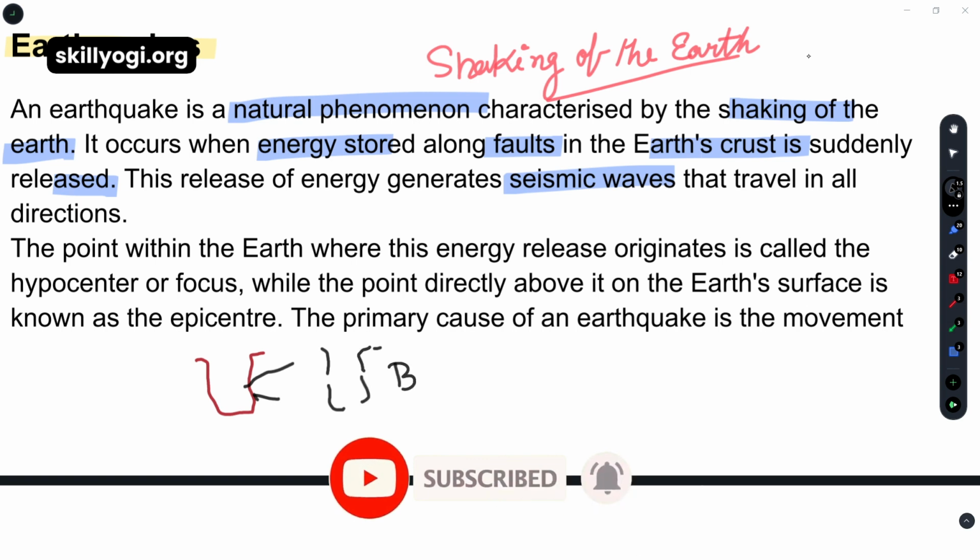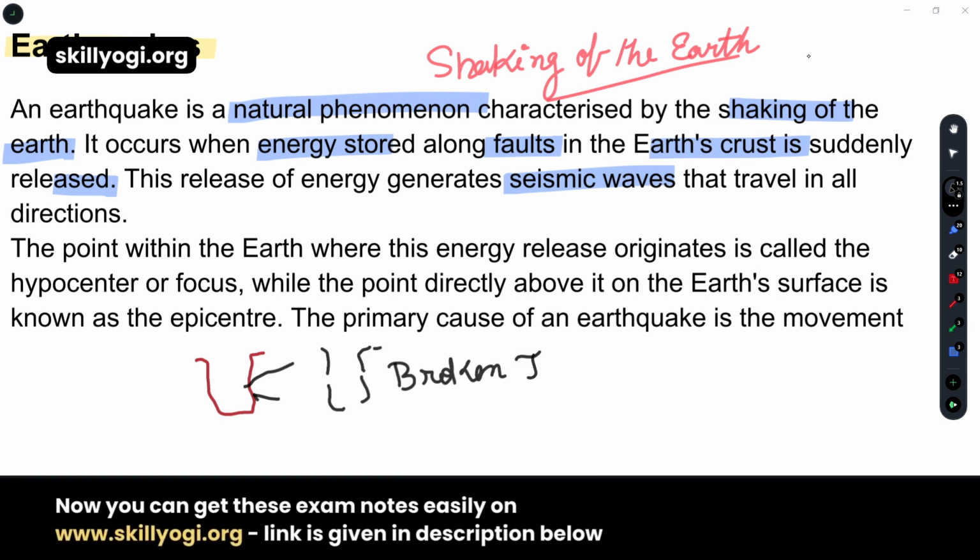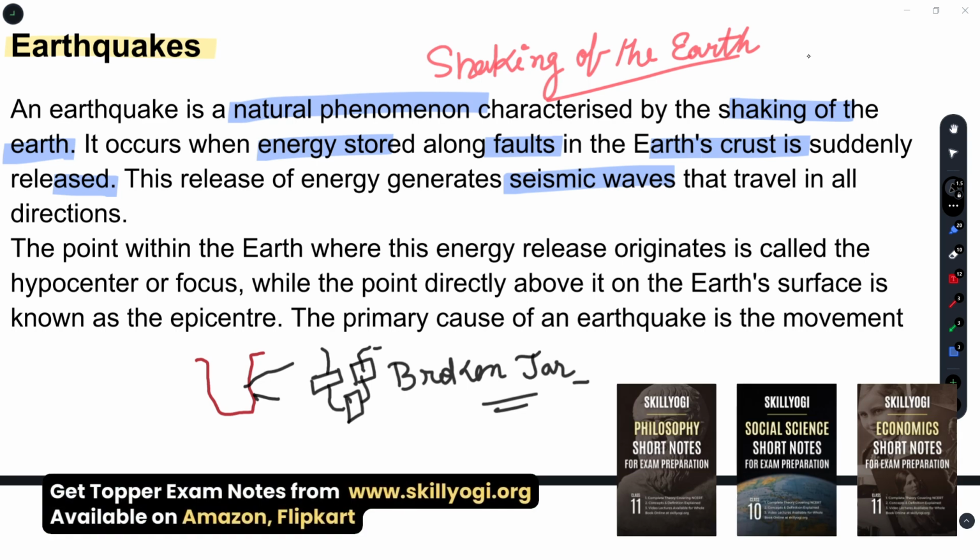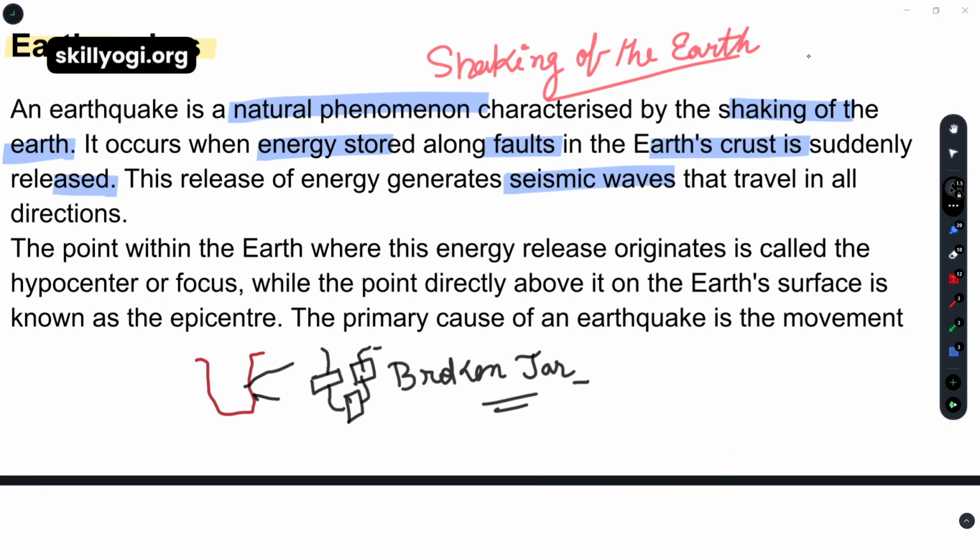It's a broken jar. Now we can attach all the glass pieces like this, but it won't be the jar as it was earlier. Why? Because if something is broken, we can't get it back in the same way.